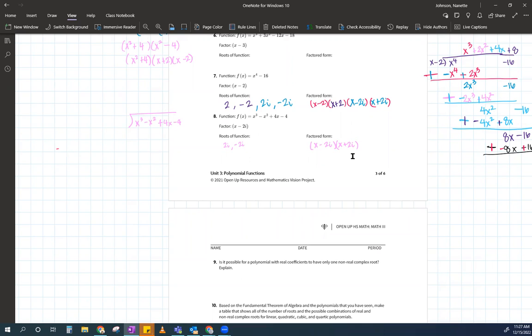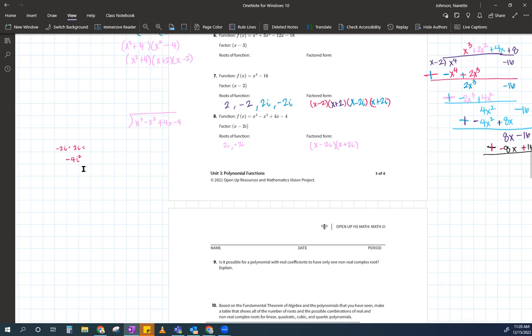Negative 2i times 2i. Let's go slowly here. What's a negative times a positive? Negative. Good. What's 2 times 2? Good. What's i times i? i squared, right? Good. What's i squared?